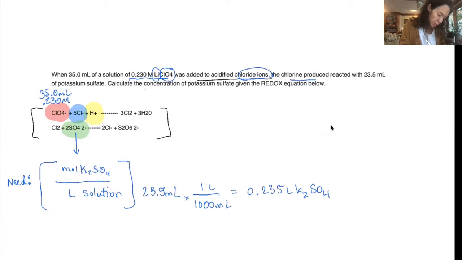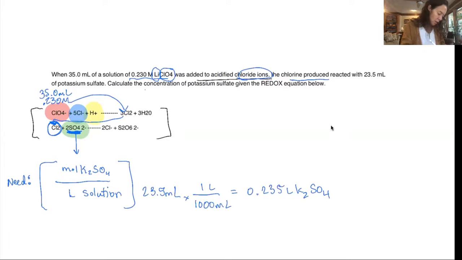The chlorine produced, so look here, guys. This is the chlorine produced right here. All right. It came here, right? And it then reacted with this, right?